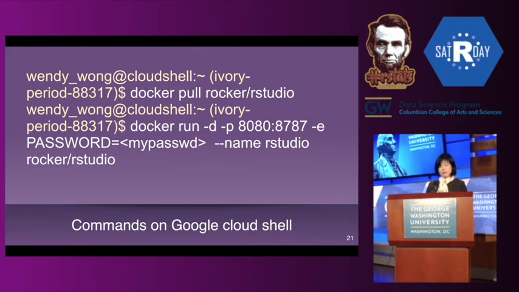And here I'm changing the default port from 8787 to 8080 because that's what the Google Cloud Shell web preview uses. And then I'm changing the password and the username, and then I also give the name of the Docker image that I want to use.